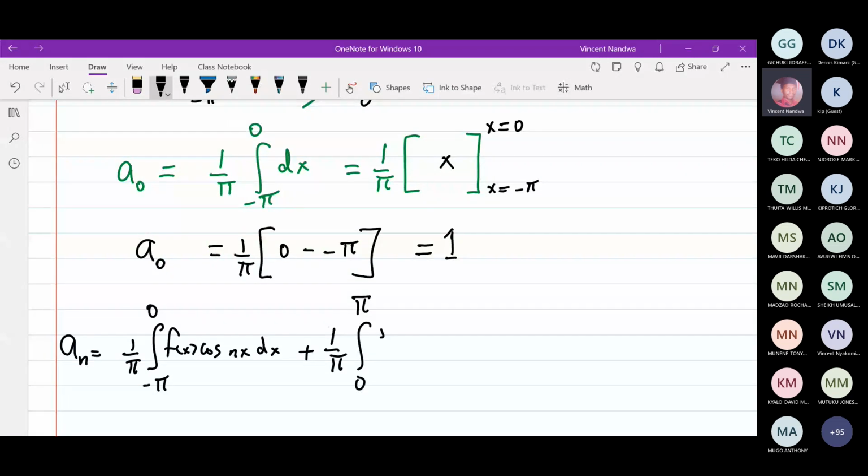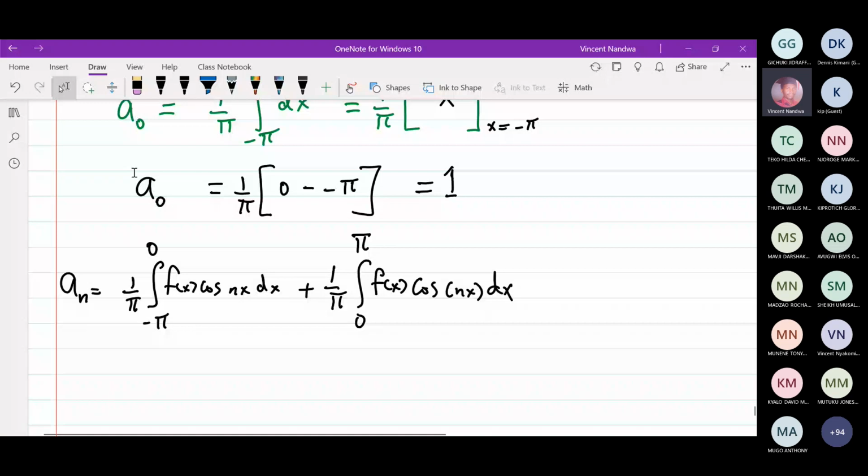We are doing this because the function has been defined by 2 different formulas on the domain from minus pi to pi. If it was just one value, then we'll just do one integration, taking care of all the endpoints of the limit. So which will be 1 over pi, minus pi. When we are from minus pi to 0, the function is 1. And when we are from 0 to pi, the function is 0.